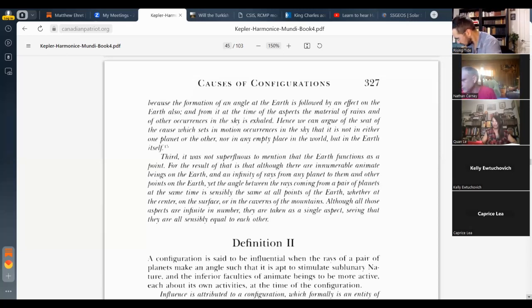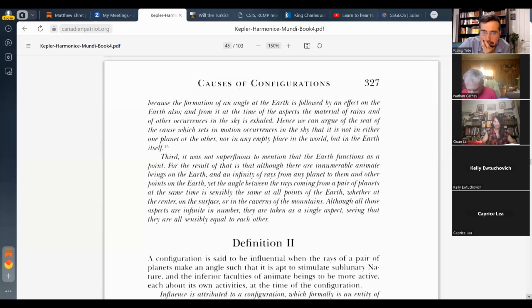Third, it was not superfluous to mention that the Earth functions as a point. For the result of that is that although there are innumerable animate beings on the Earth and an infinity of rays from any planet to them and other points on the Earth, yet the angle between the rays coming from a pair of planets at the same time is sensibly the same at all points of the Earth, whether at the center, on the surface, or in the caverns of the mountains.